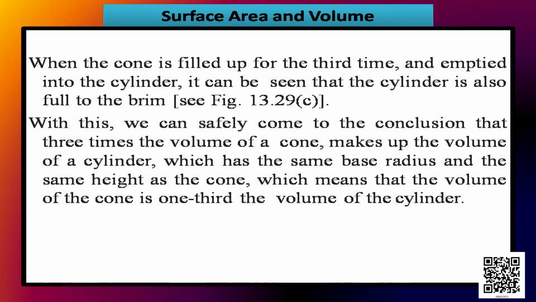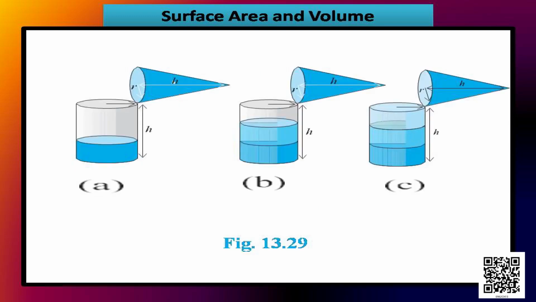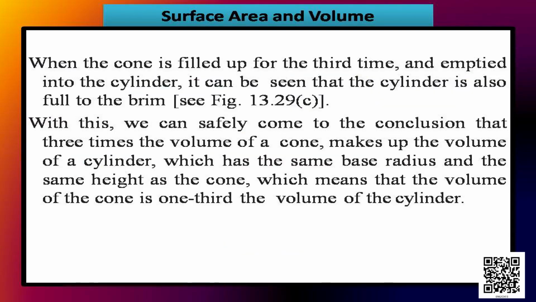When the cone is filled up for the third time and emptied into the cylinder, it can be seen that the cylinder is also full to the brim, as you can see in figure 13.29c.